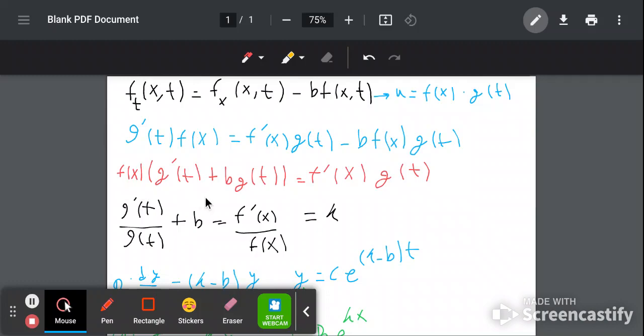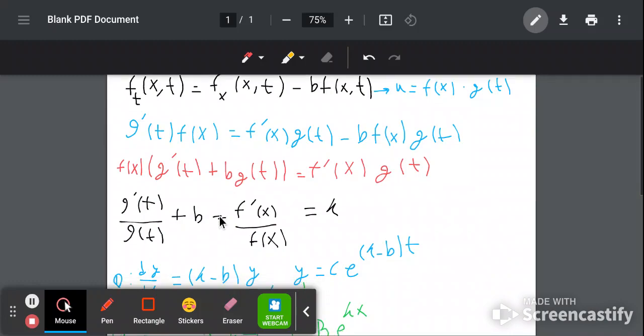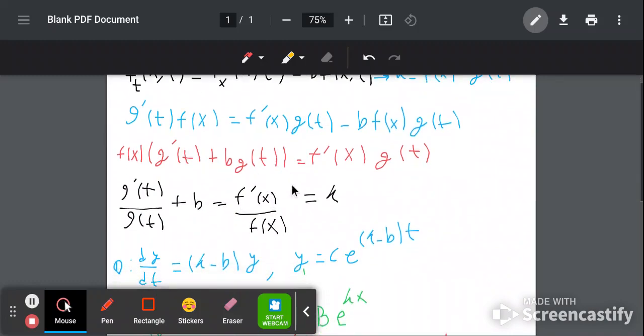The left-hand side will be all in terms of t, and the right-hand side all in terms of x. I would get g prime of t over g of t, plus b times g of t over g of t. The g of t cancels, so I'm left with b, which is a constant. And this is equal to f prime of x over f of x.